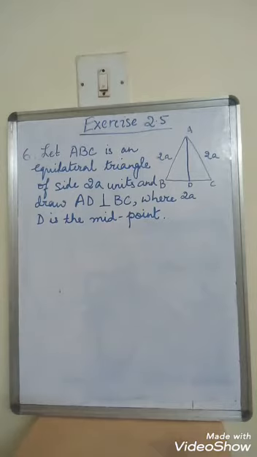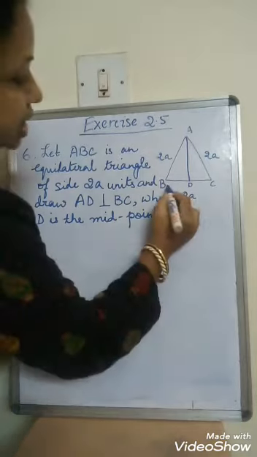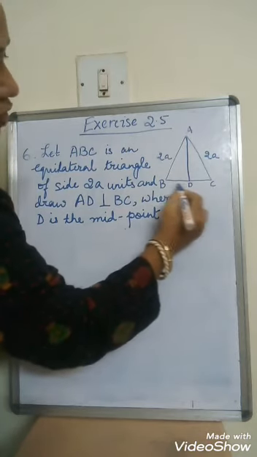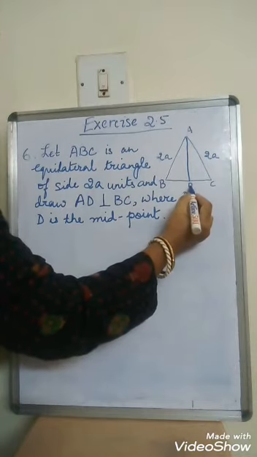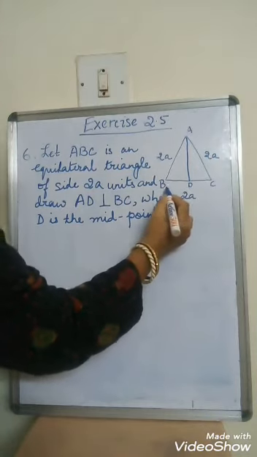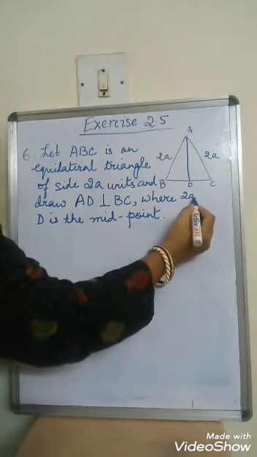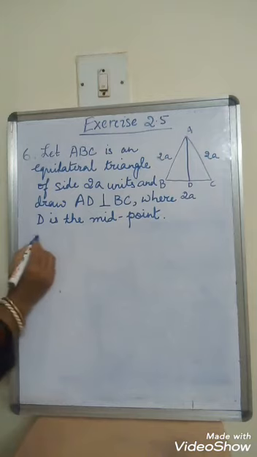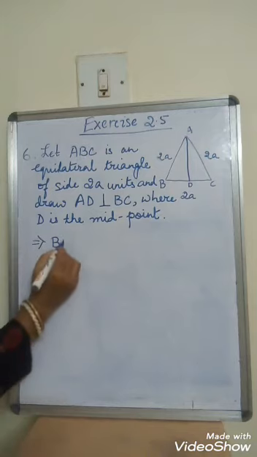Now what we will see here is, this is BC, okay, and half of BC is BD, so BC is 2A, right? So now we will find out BD. So BD will be how much?